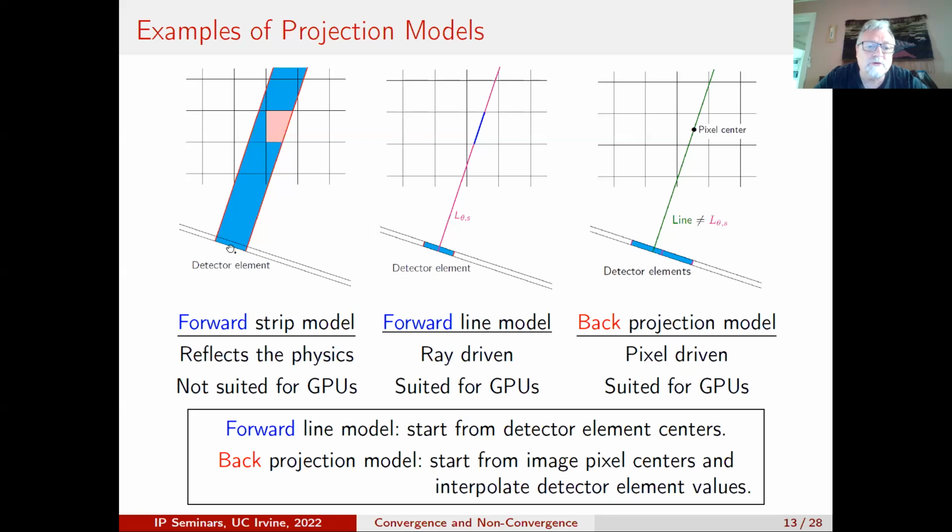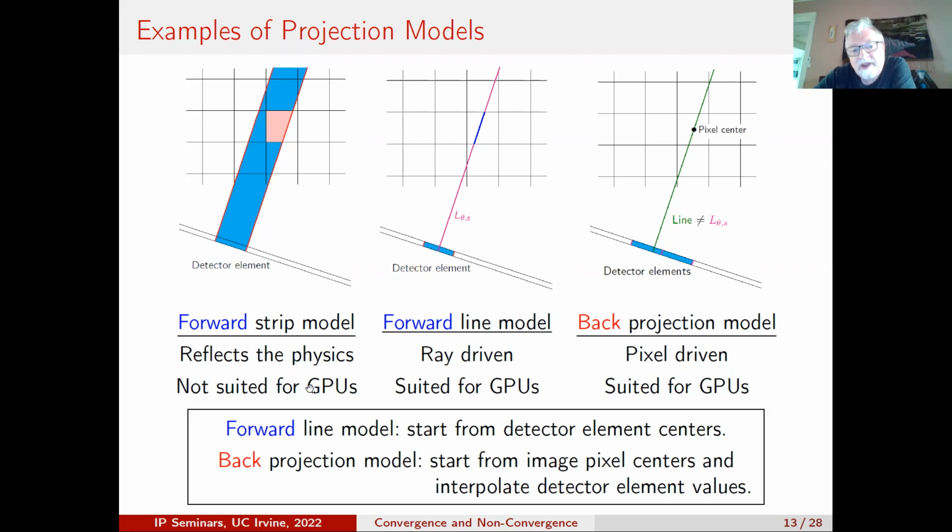So what you measure in a detector element is actually the accumulated X-rays going through the domain and being damped in the domain. Essentially, you count all the photons coming in here. Right. So this is probably a physically good way to model what goes on in a scanner. That's called the strip model.